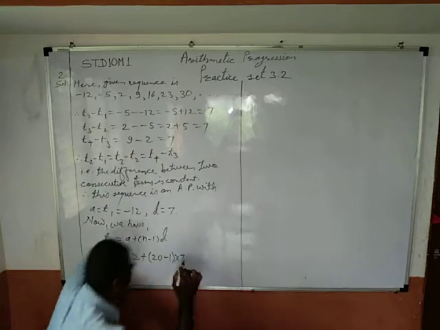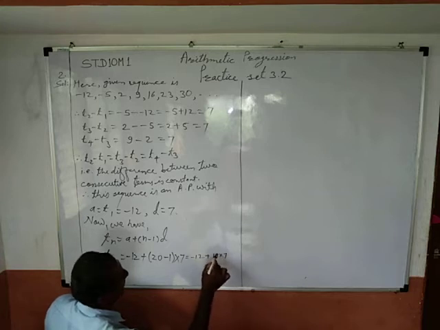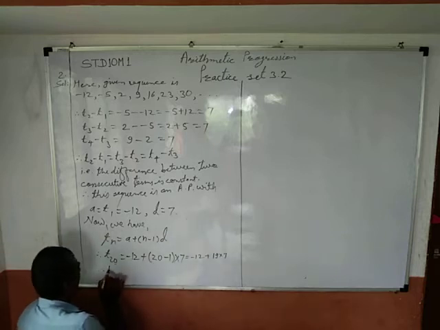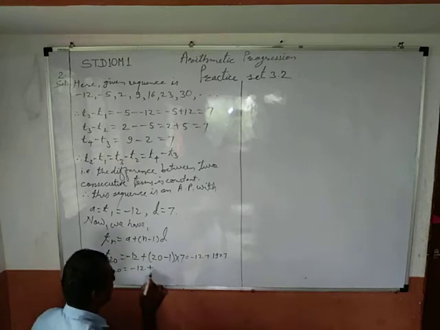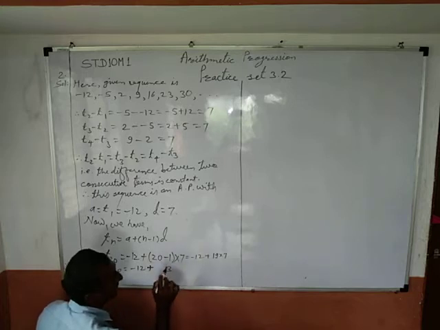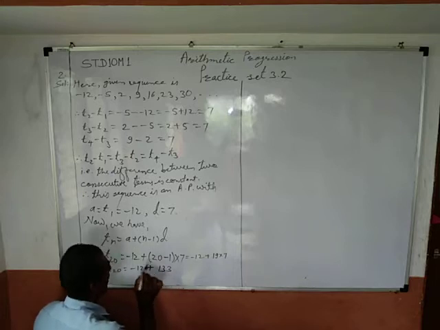Which equals minus 12 plus 19 into 7. Then T20 equals minus 12 plus 19 sevens are: 7 nines are 63, carry 6, and 7 ones are 7, 7 and 6, 13, means 133.